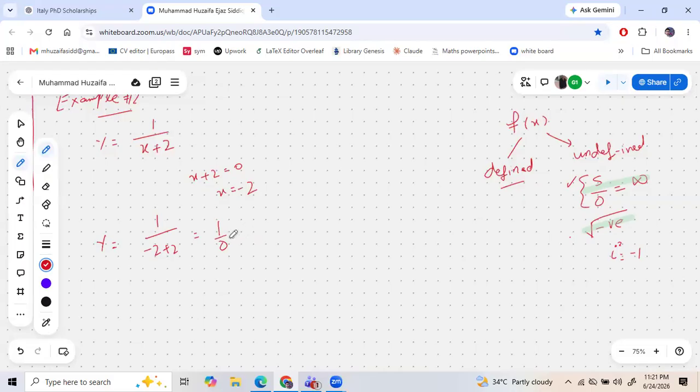This is undefined, or infinity. So at the point x is equal to minus 2, if I make the real line, this is your 0, this is 1, this is 2, this is minus 1, this is minus 2, from this point our function is broken or undefined.